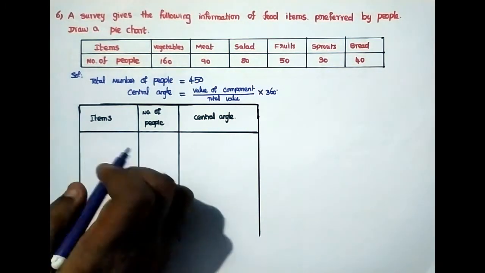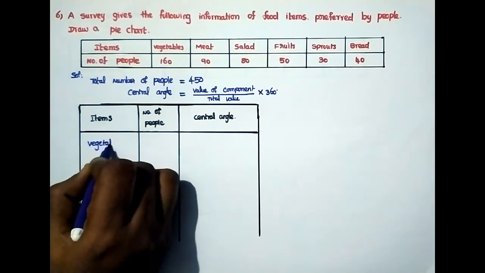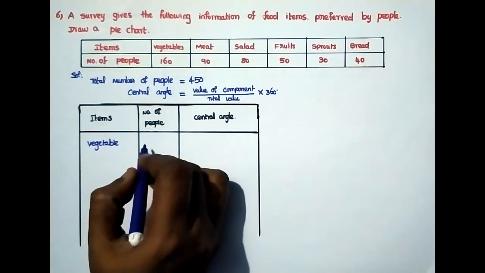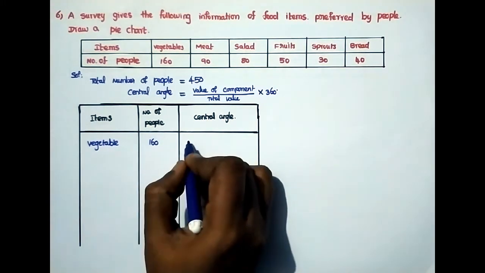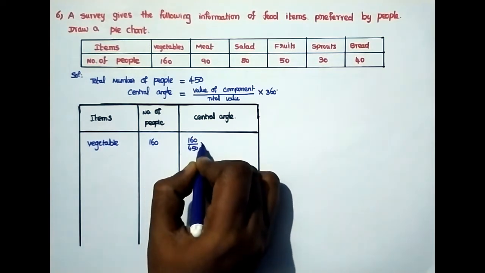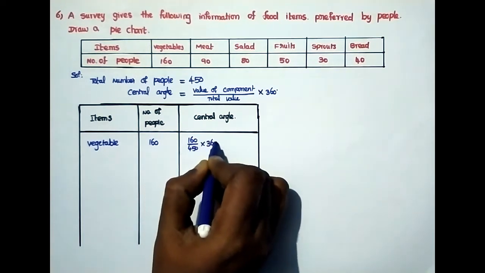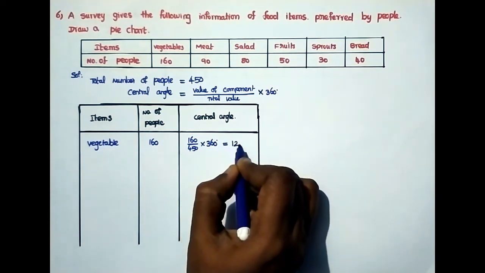First item is vegetables. Number of people 160. Now central angle: 160 by 450 into 360 means 128.